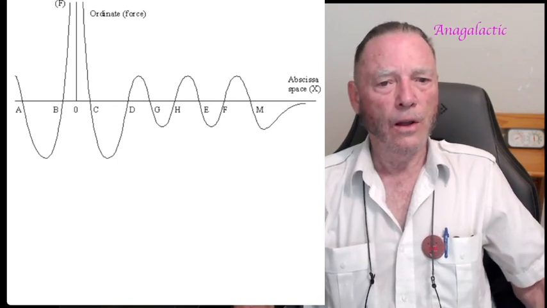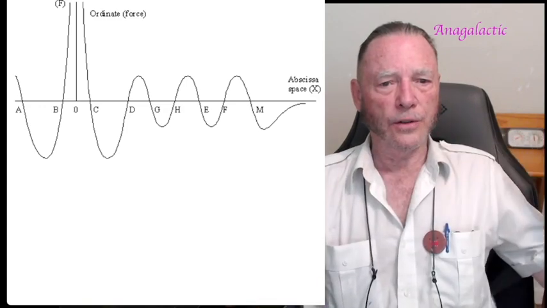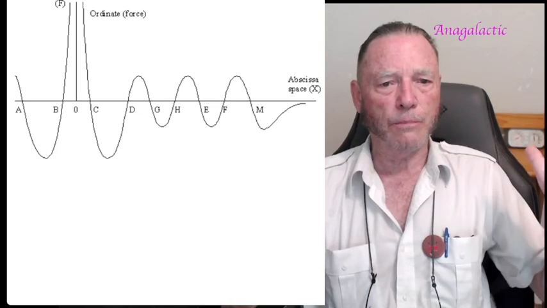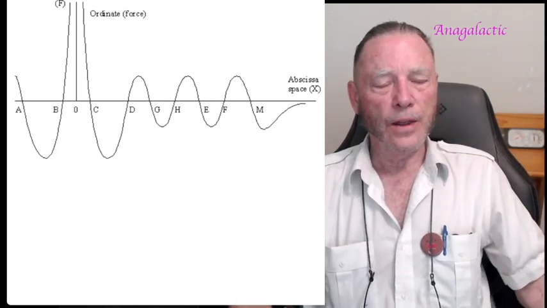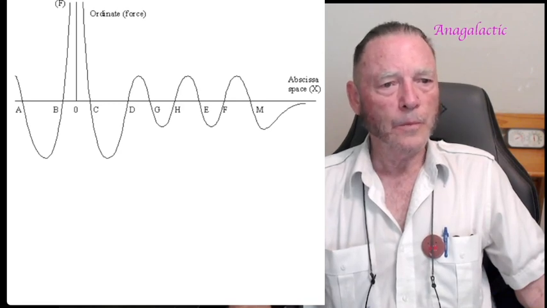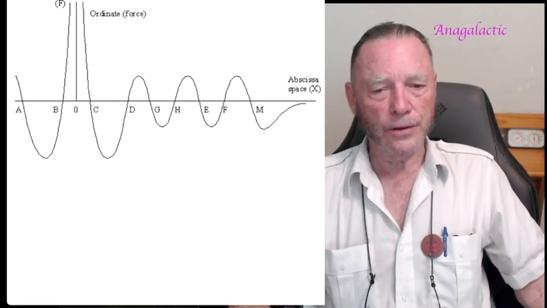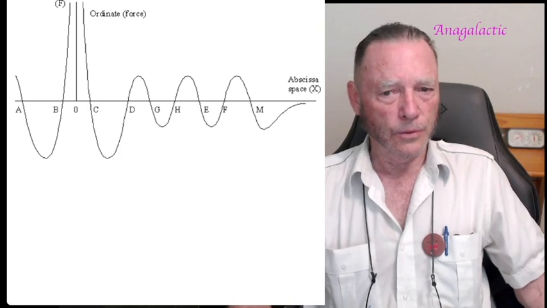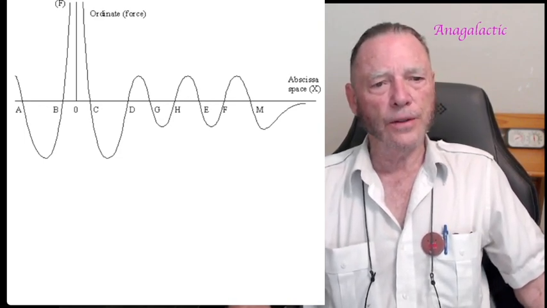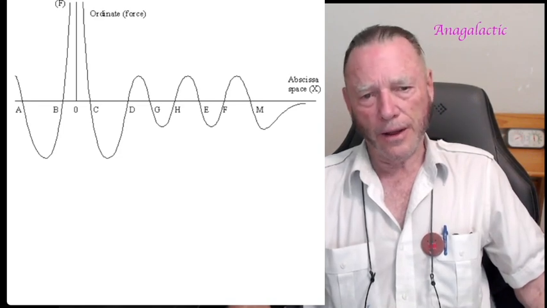So this, the horizontal separation as I'm moving my hands, is in space. The vertical axis is non-spatial.